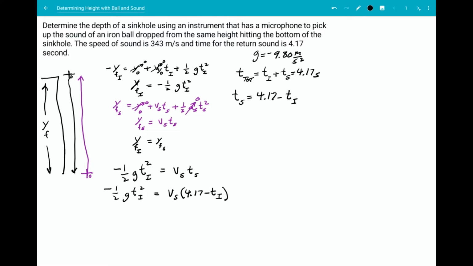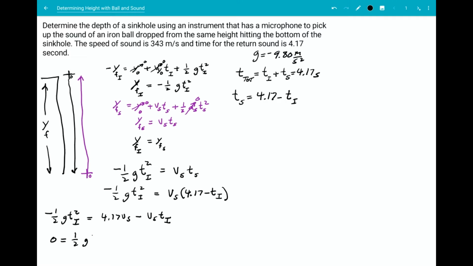So let's go. I'm going to rewrite this: 1/2 g t i squared equals 4.17 Vs minus Vs t i. And sure enough, I can make this in terms of t i. So this is going to be 0 equals, and I'm just going to move the 1/2 over to the other side.